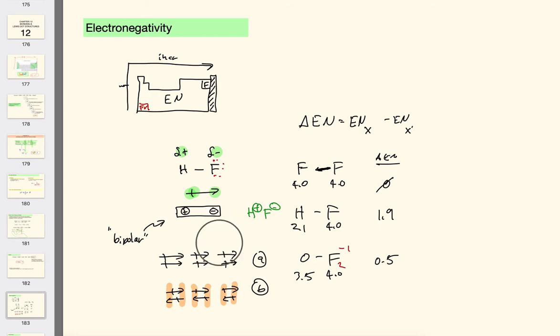So this end of the magnet is negative and this end is positive. All four of these representations are used to designate the polarity of a molecule.